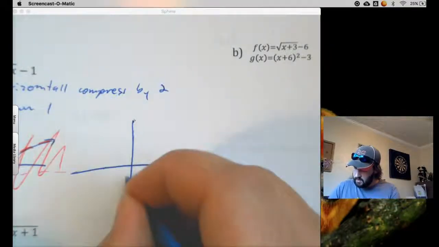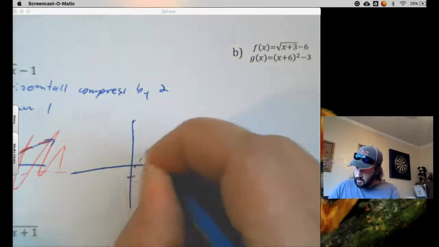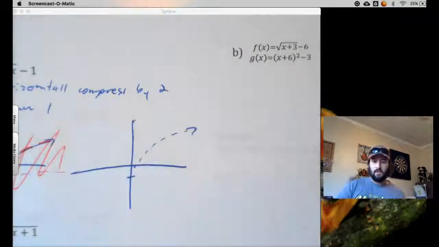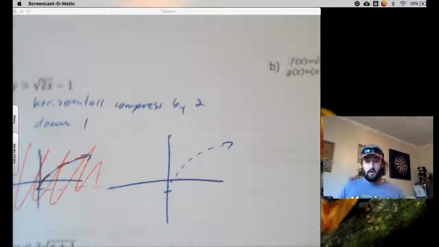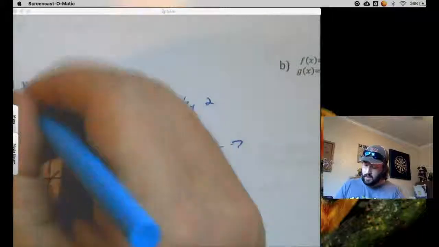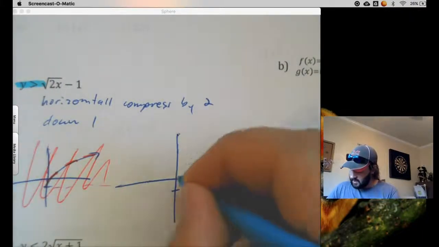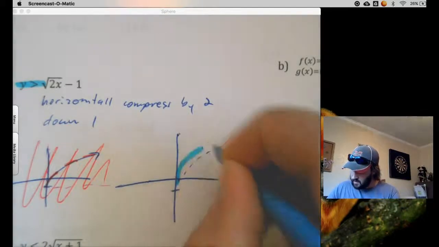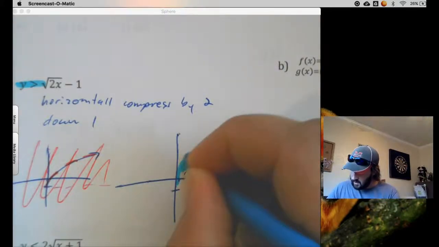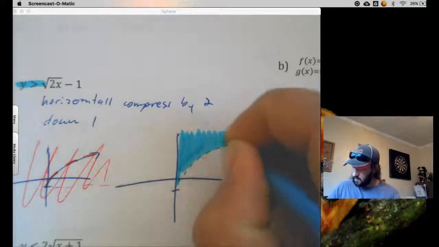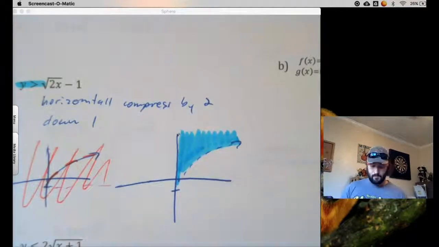All right, so down 1, stretch, and a dashed line. That's more what it should look like. And we have y is greater than, so I need to be above, and I'm not equal to, so above would be everything right there.